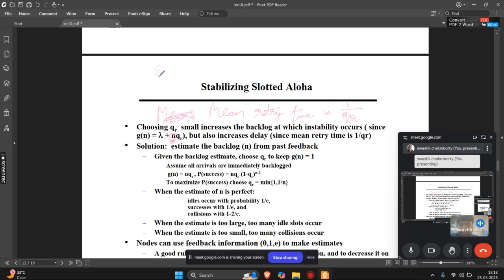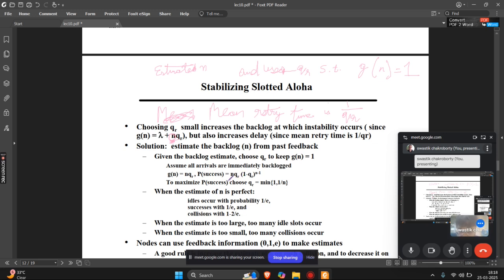So estimate n and use QR such that G_n is equal to 1. Assume all arrivals are immediately backlogged.